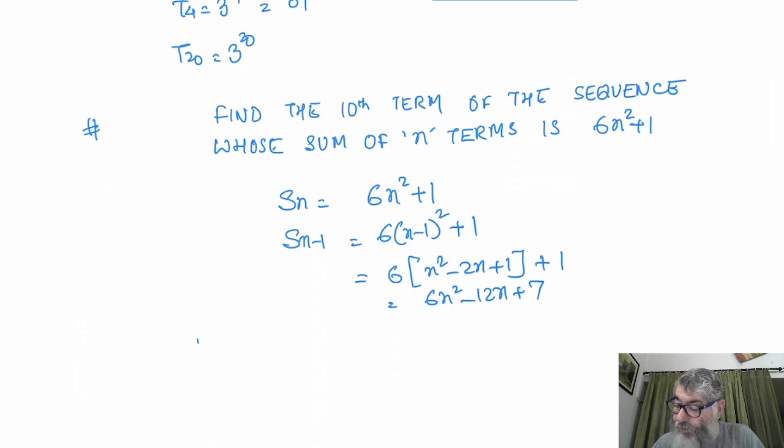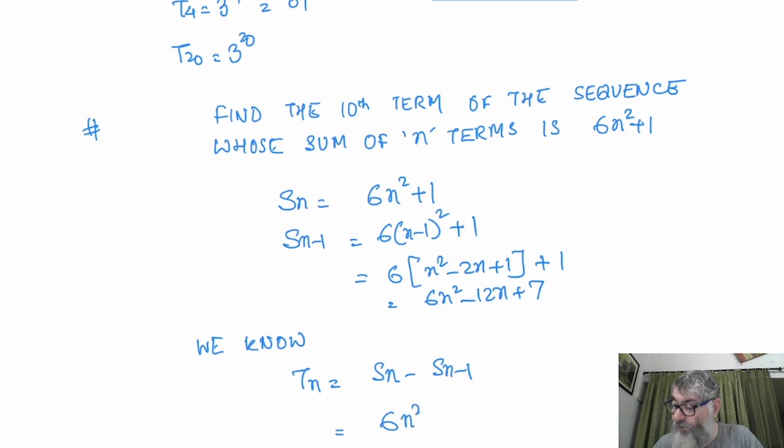What do we know? We know that the nth term Tn is given by Sn minus S(n-1). So Sn is 6n square plus 1, and subtract 6n square minus 12n plus 7. 6n square will cancel, it will be 12n minus 6.